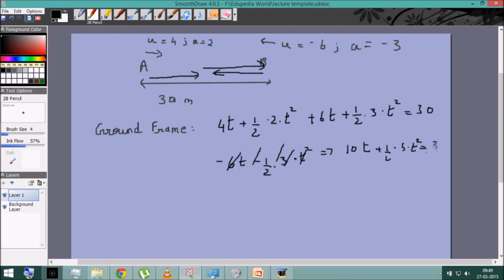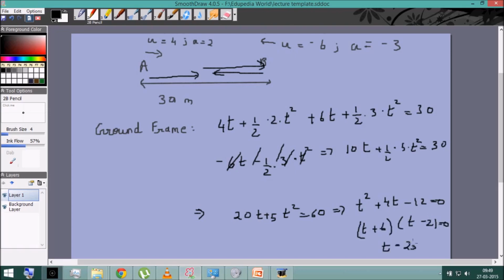Upon solving, this gives me 20t plus 5t square is equal to 60, or if I cancel 5, it gives me t square plus 4t minus 12 equals 0, which gives me t plus 6 into t minus 2 equals 0, which gives me t is equal to 2 seconds. That means they collide after 2 seconds. So now I'll try to do the same thing, but from the frame of A.